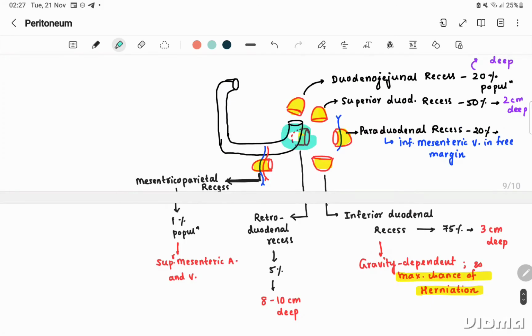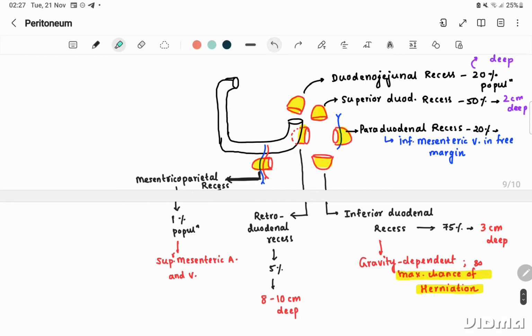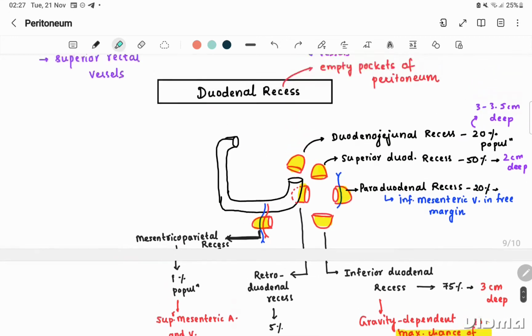And the retroduodenal recess passes posteriorly, and this is present in 5% of the population. It is a deeper recess, 8 to 10 cm deep. And the mesenterico-parietal recess is just below the third part, present in less than 1% of the population, and the superior mesenteric artery and vein pass via this recess.